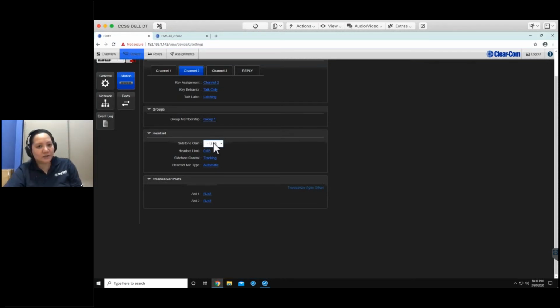Okay, so here, the side tone gain, you could adjust it if you want to, but -12 is the default. A note on side tone, by the way: some people don't want to hear their own voice in their ear when they're talking. I would say this to those people. When you have side tone, you are assured that you know when other people are hearing what you say.